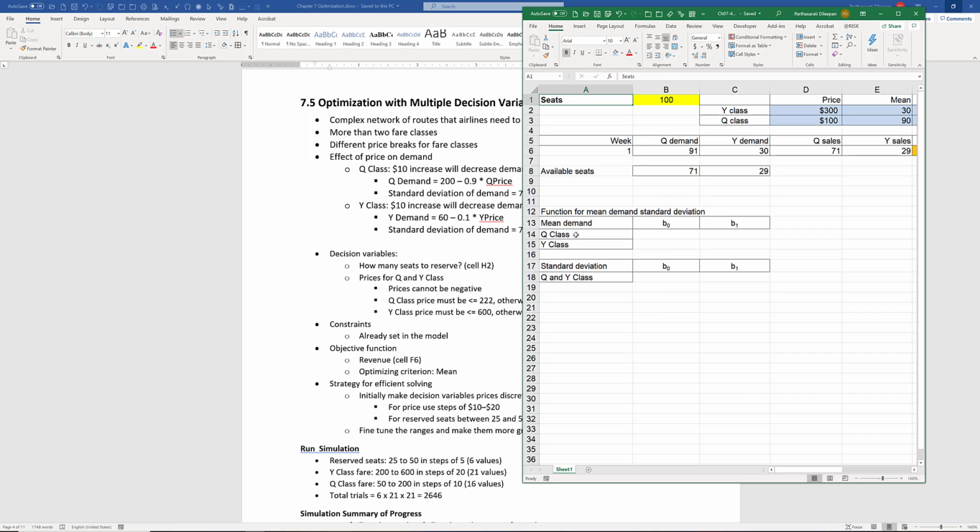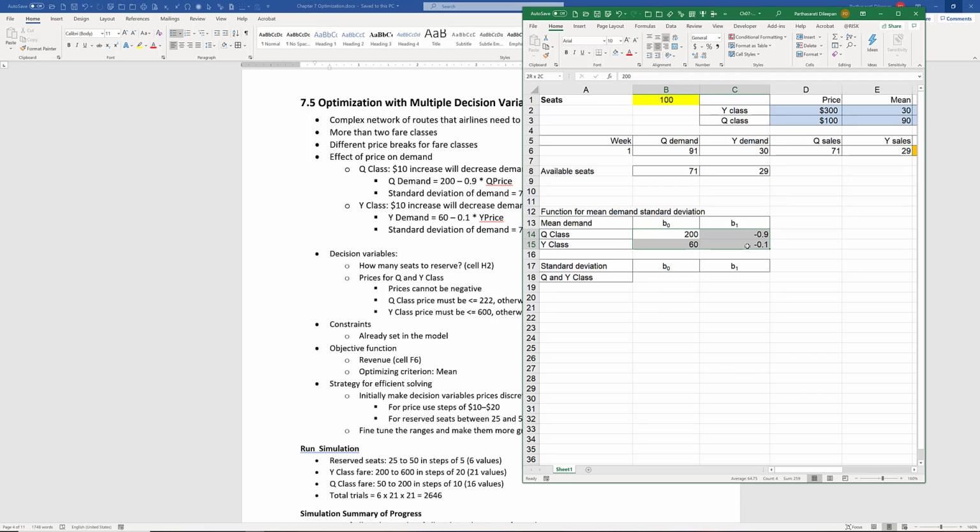The mean demand for Q has 200 as the intercept, B sub 0, and minus 0.9 is the slope. And for Y class, it'll be 60 and minus 0.1.